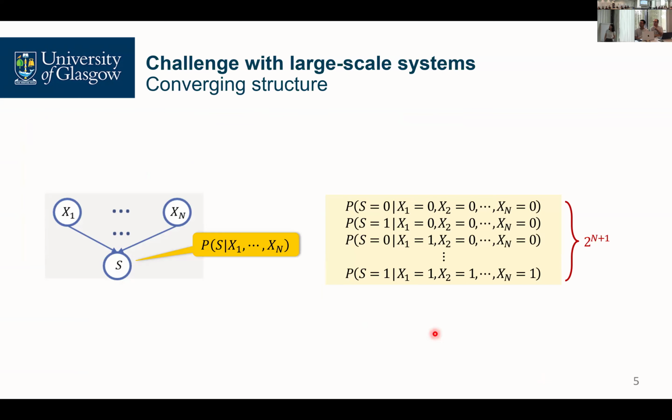Then now the problem comes with system reliability, where we want to quantify the system event within the Bayesian network. Then because system event always depends on the component events, we cannot avoid this converging structure between components and the system event. In which case, we need to quantify this conditional probability.